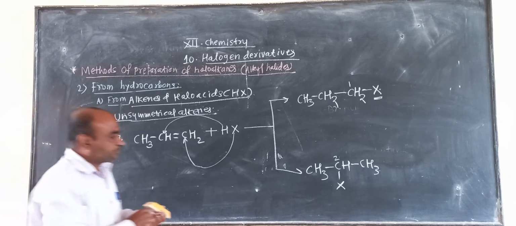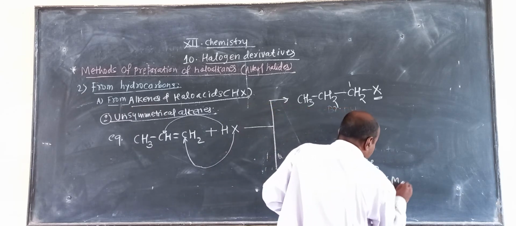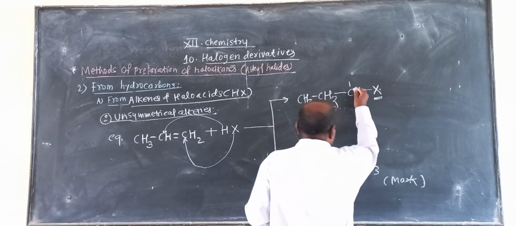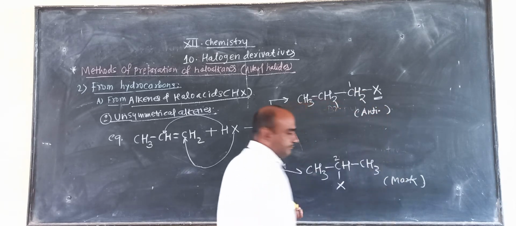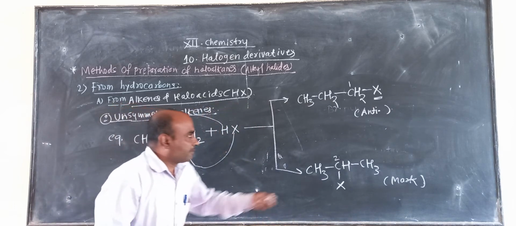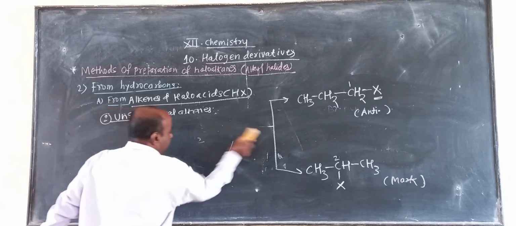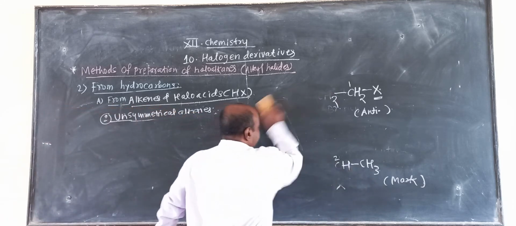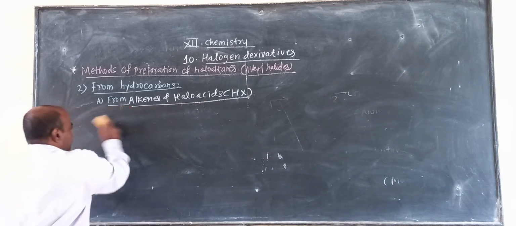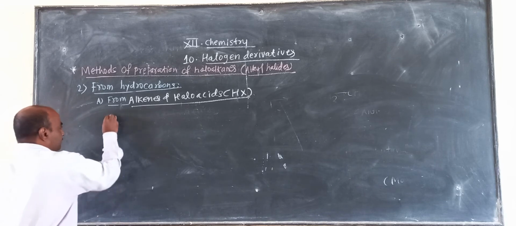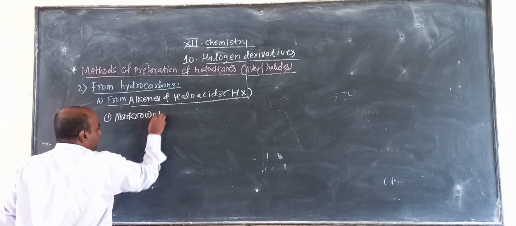The second product is obtained according to the Markovnikov rule, and the first product is formed according to the anti-Markovnikov rule. We already discussed these in the 11th standard in the alkene topic, but today also we discuss the Markovnikov rule and anti-Markovnikov rule. First we discuss the Markovnikov rule.